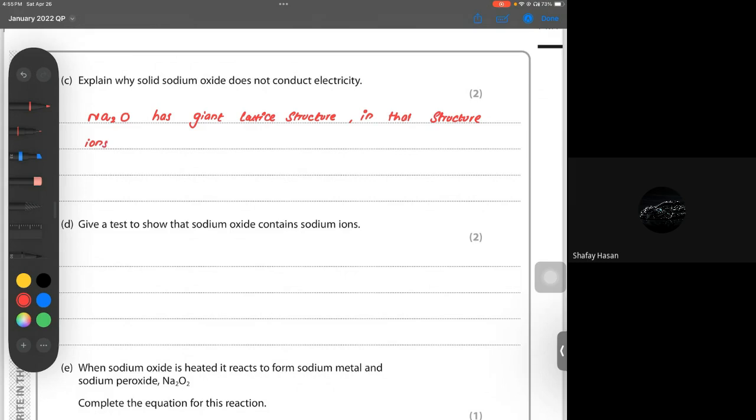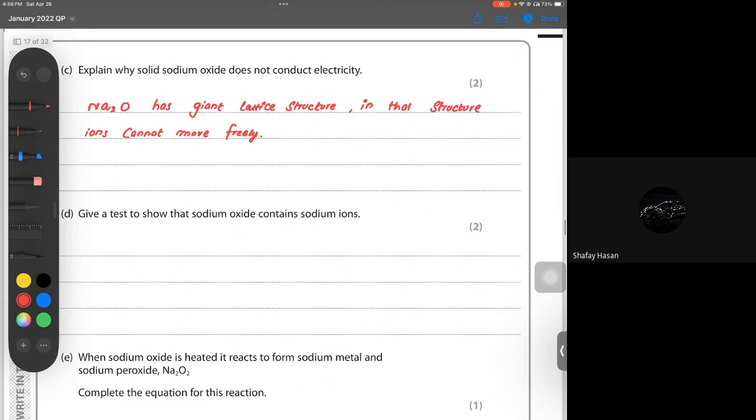Ions cannot move freely. Okay, so it would not be a good conductor of electricity.